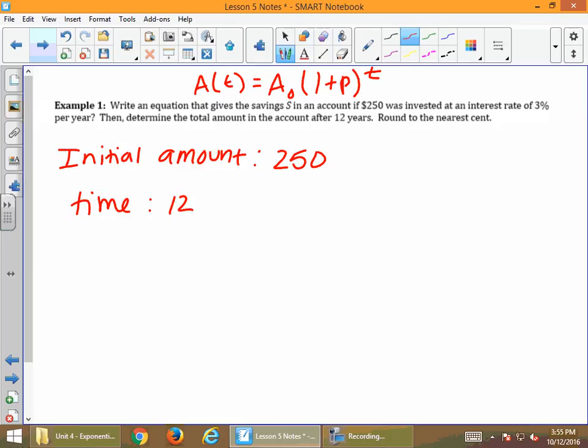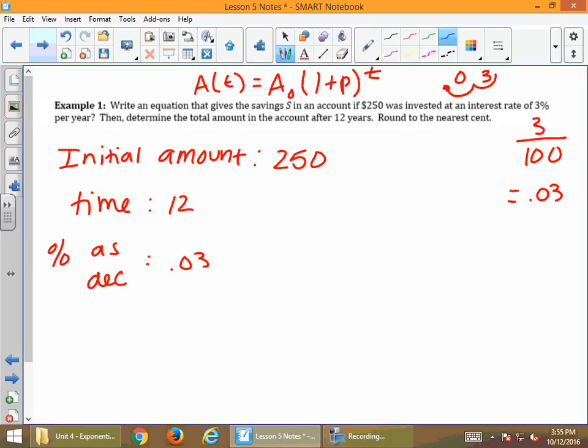Time is 12, and our percent as a decimal would be 3% as a decimal. This is where 3 gets tricky, these single digit numbers. If you divide 3 by 100, you get 0.03. Or if you use that method where you move the decimal point over 2 times, there's that gap there. You have to remember to fill it in with a 0. Okay.